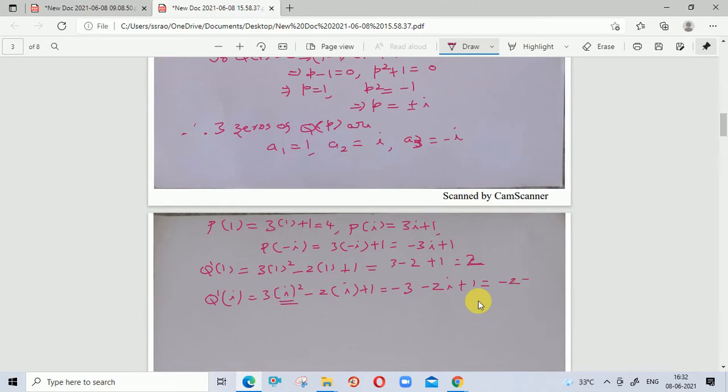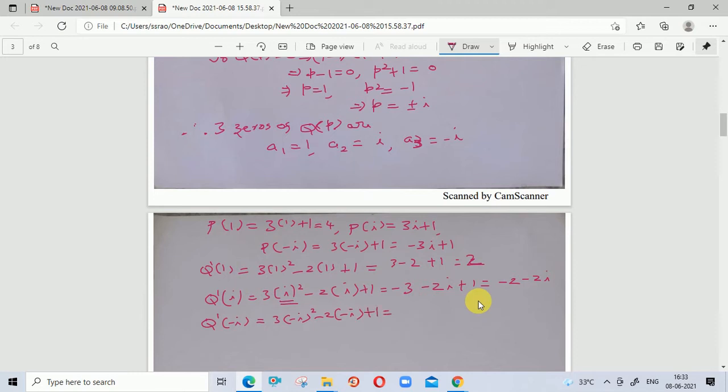Next, q dash of minus i is equal to 3 into minus i square, minus 2 into minus i, plus 1. So that is equal to, here also minus i square means plus i square, and i square is minus 1.